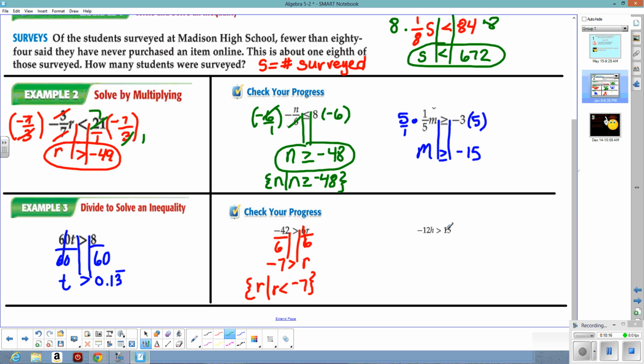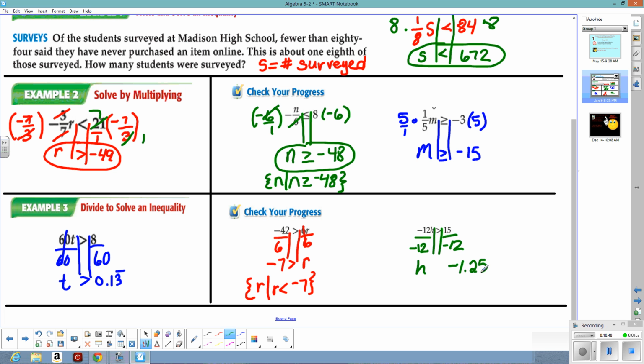Last example. To undo the multiplying by -12, you would divide by -12 on both sides. You end up with h, and on this side, 15 divided by -12. 15 divided by -12 is -1 1/4, or -1 and 25 hundredths.